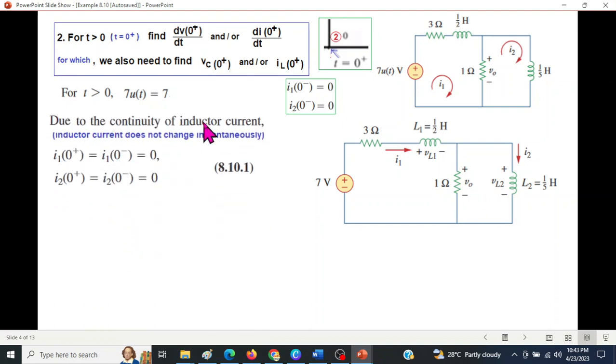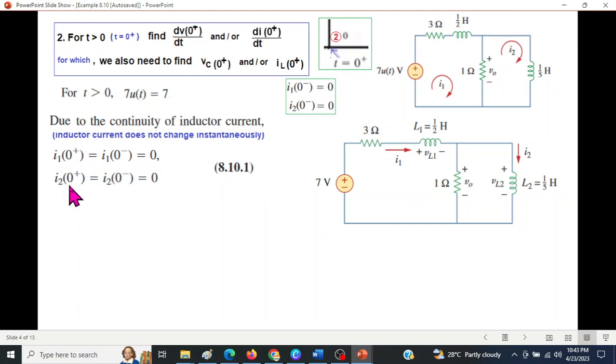Okay, so due to continuity of inductor, that is, inductor current does not change instantaneously, I10 plus, that is the current at here, will be equal to I10 minus, and I10 minus is 0, therefore I10 plus will also be 0.